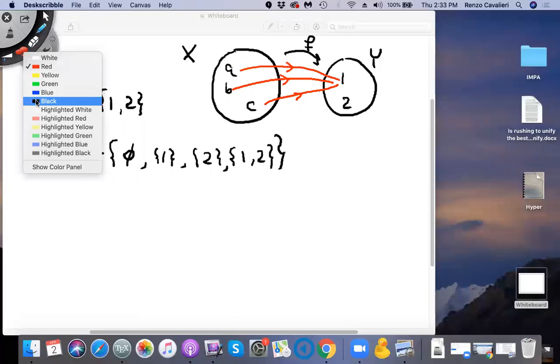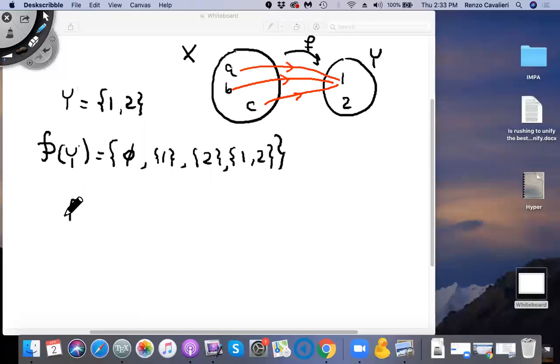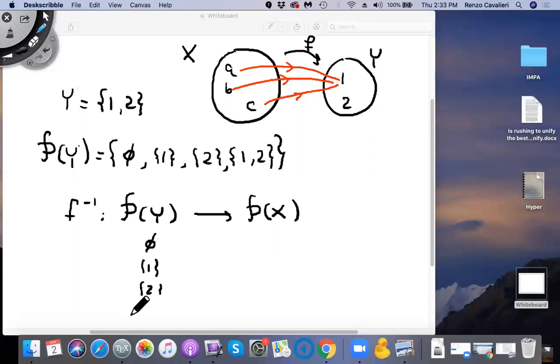Then F inverse, like I said, is a function from subsets of Y to subsets of X. So it can take as inputs the empty set, the singleton 1, the singleton 2, and the set 1, 2.